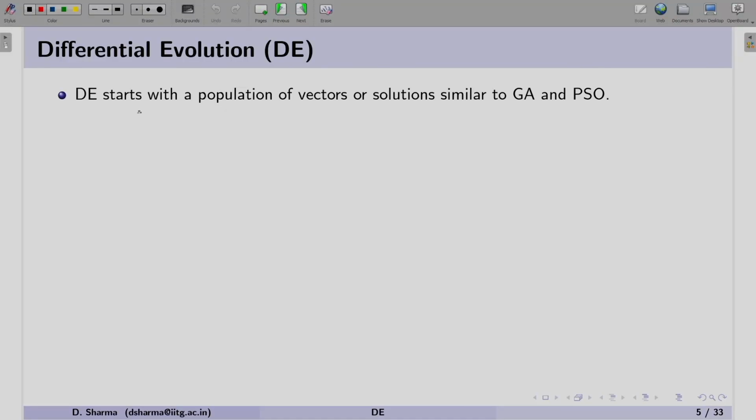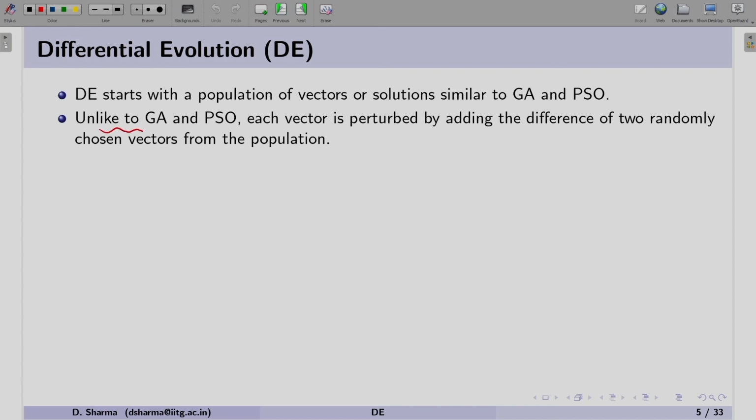Now, let us understand what the features of differential evolution are. As we can see, DE starts with a population of vectors, or we can say solutions, that is similar to GA and PSO, and that is what we understand, that evolutionary computation techniques are population based metaheuristic techniques.